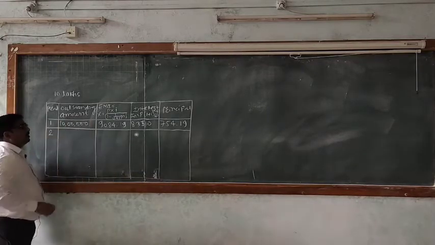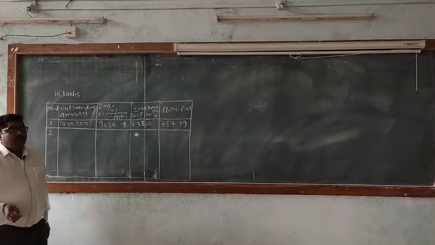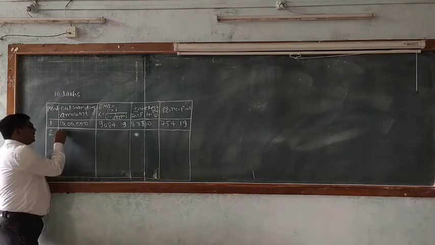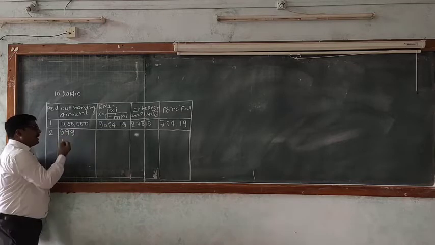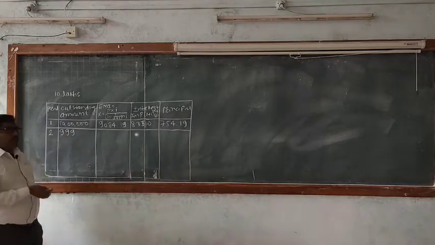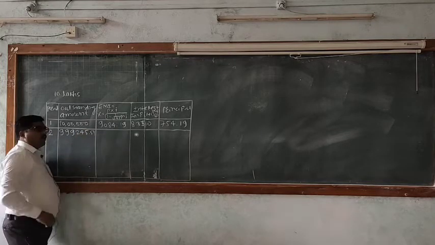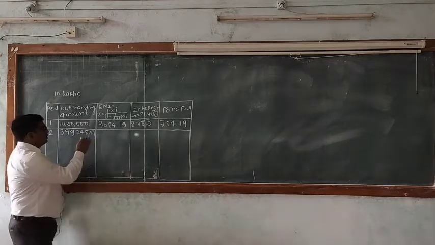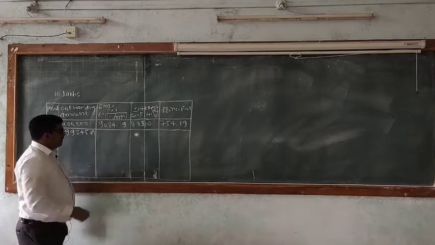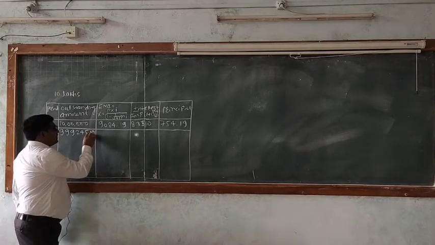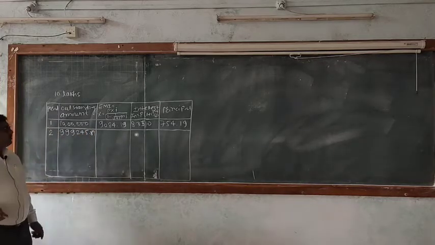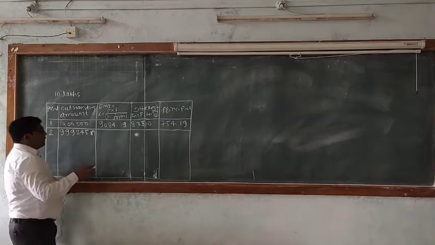Now second is 9,99,245.81. How is this calculated?